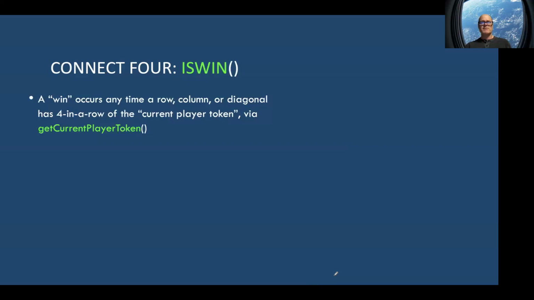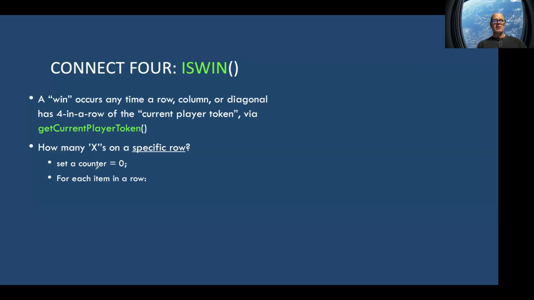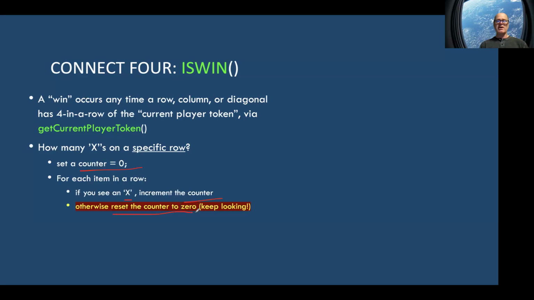So anytime we have 4 together in a row, if I want to know how many X's are on a specific row, one way to do it is to set a counter. As we go across that row, if we see an X, we increment the counter. But if we don't see an X, we have to reset that counter to 0 and keep looking. We can't give up on that row just because we find a gap.